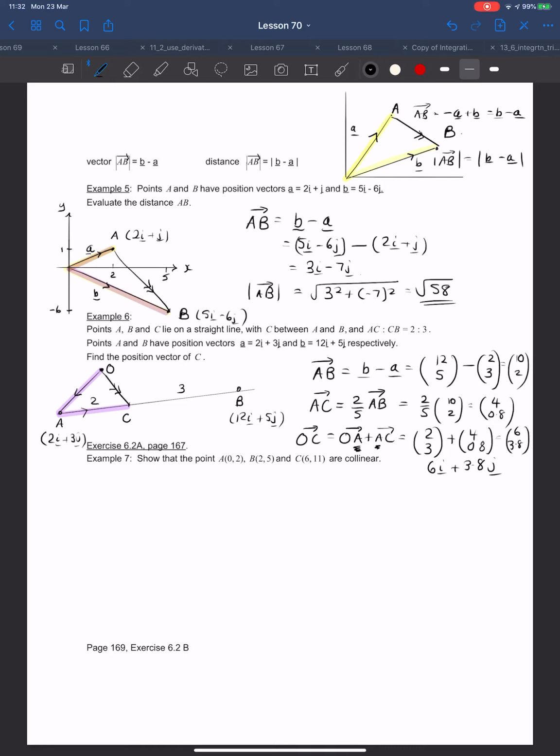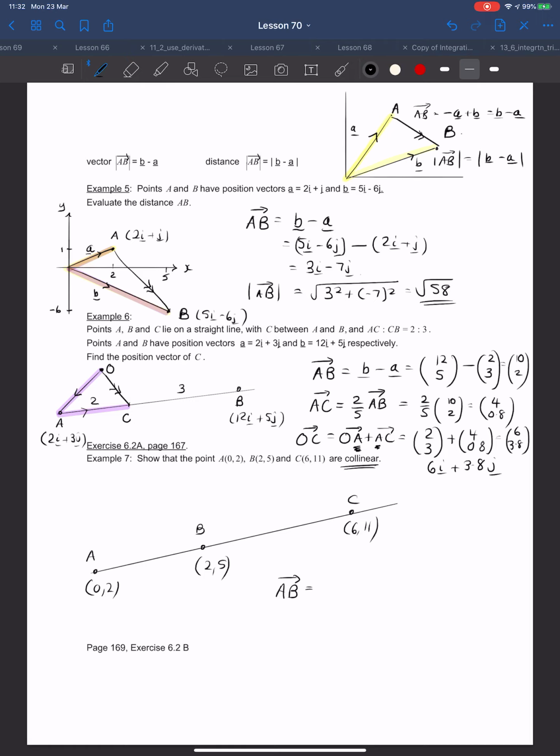Okay. One more example. It says, show that the points A, 0, 2, B, 2, 5, and C, 6, 11 are collinear. So the way to do this: collinear means on the same line.